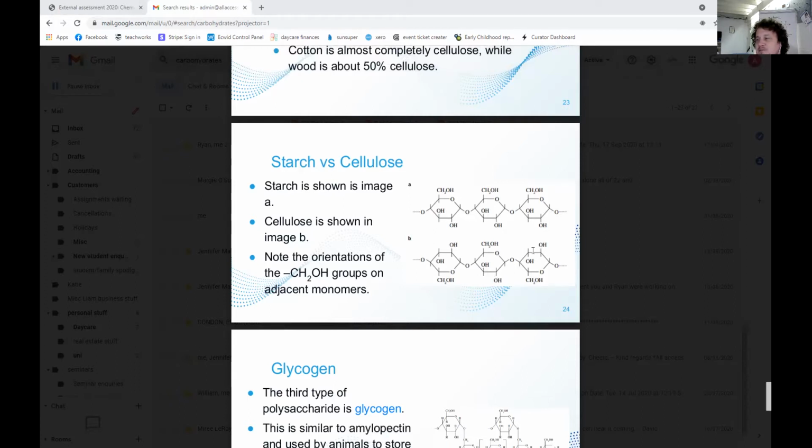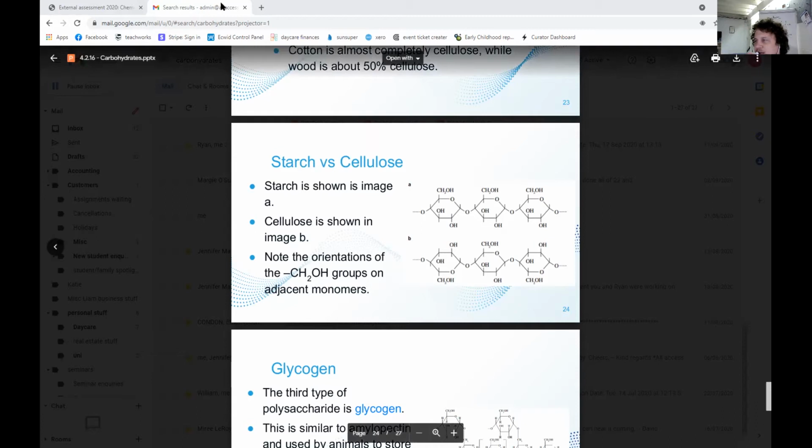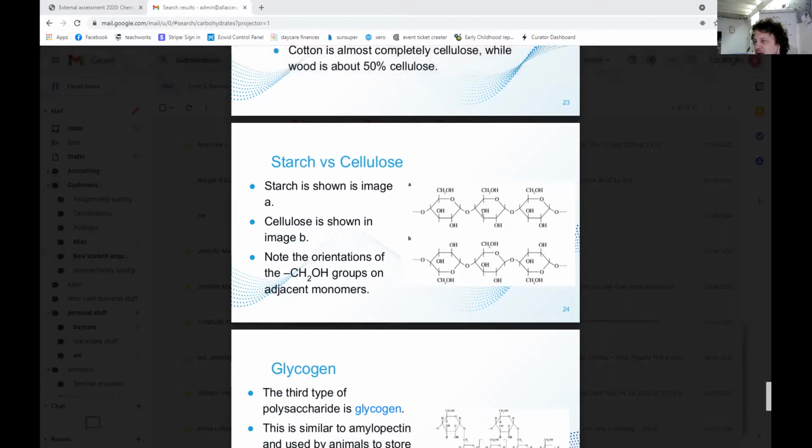To get full marks for that question, you could explain that it's the orientation of the OH groups on cellulose that means we can't digest it. So full marks would be alpha glucose, beta glucose, as well as explaining the orientation of the OH groups.